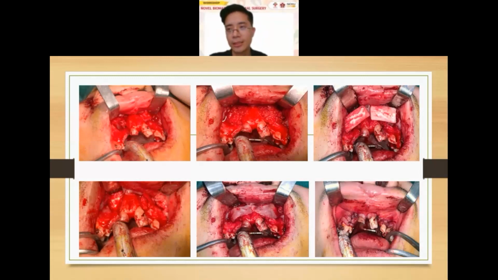This case was done last week, so we don't have the post-op images. In future, we will share the result. Thank you.